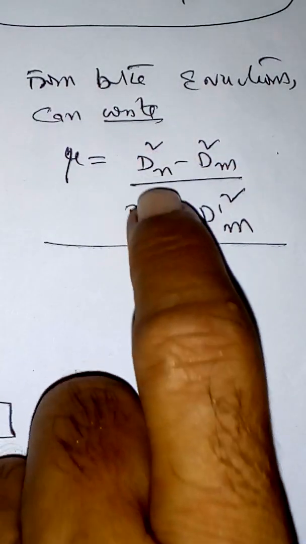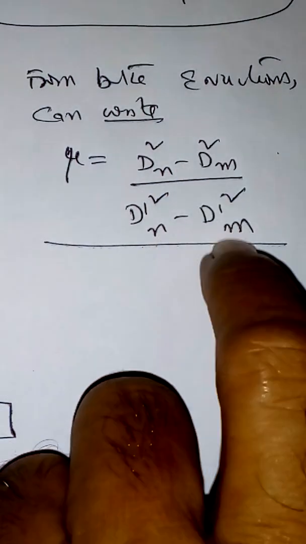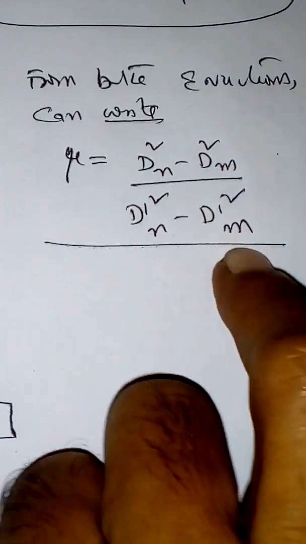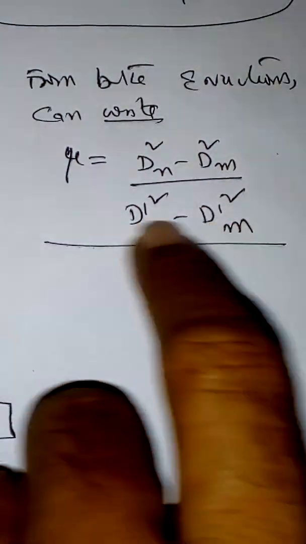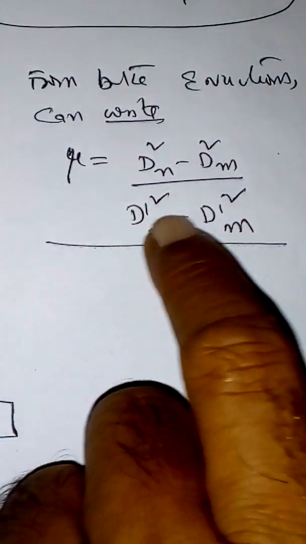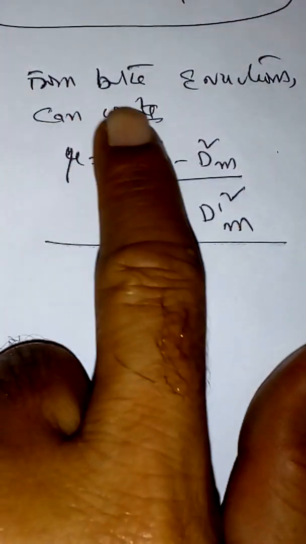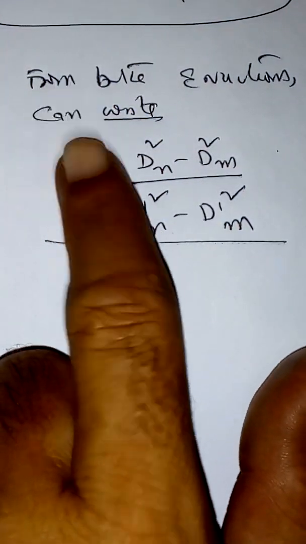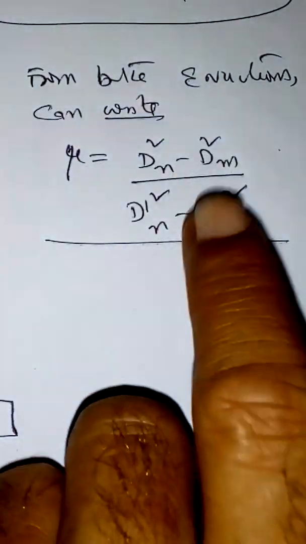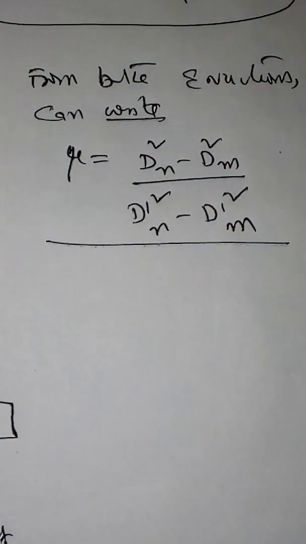This is for the same nth and mth dark rings when the liquid film is formed. This is when the air film is formed, this is when the liquid film is formed. The ratio gives you the refractive index of the liquid in which you have conducted the experiment. So this is the method. Using this formula, mu of the liquid can be calculated. This is the important thing we have to understand.